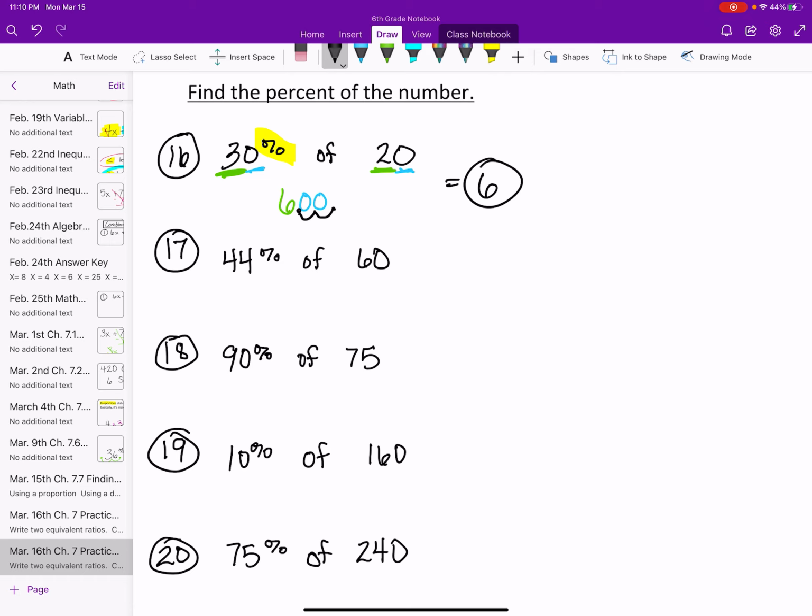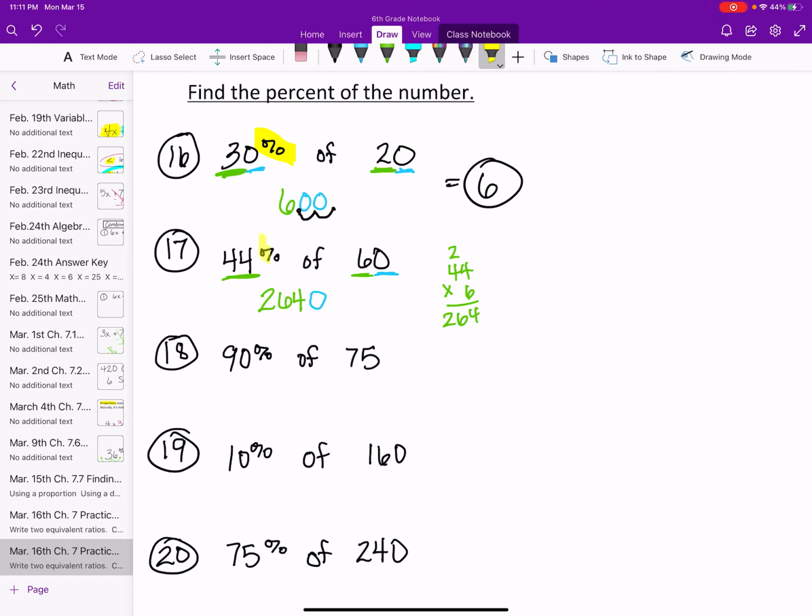Next one. I have 44 times 6. Might have to work this one out over to the side. 44 times 6 gets you 264. There's a 0 that I didn't use, so I need to add that back to it.